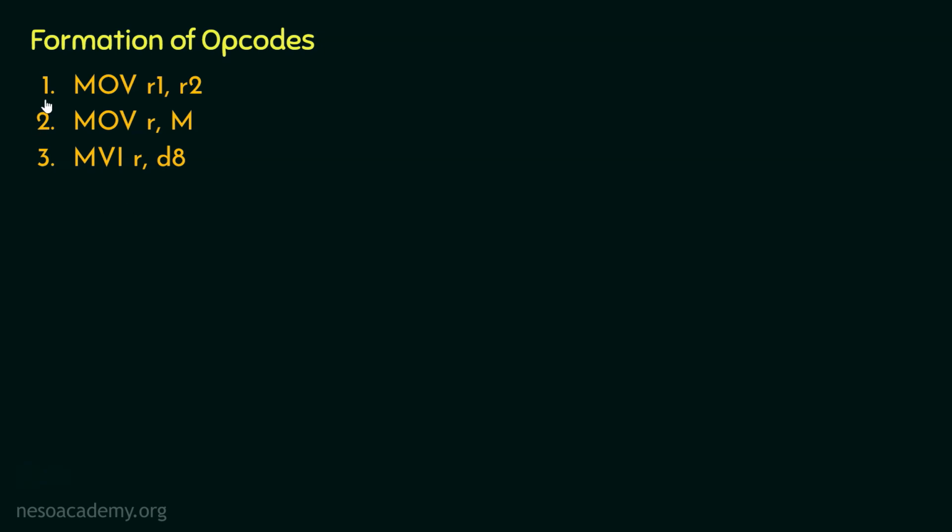The first type, MOV R1, R2, falls under the category of 1 byte long instructions. Also, the second type, MOV R, M, falls under the same category, 1 byte long instructions. However, the third type, MVI R, D8, falls under the 2 byte long instructions.